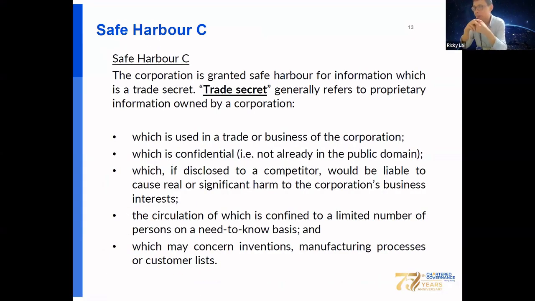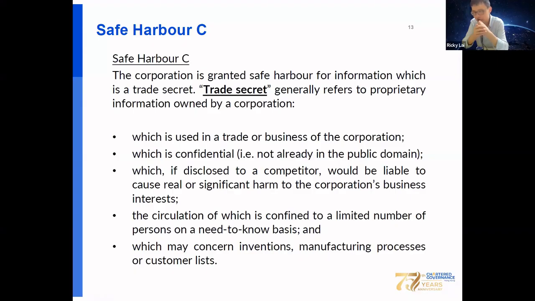And safe harbor C refers to where the inside information itself is a trade secret. A trade secret is the company's IP assets, which are used in trade or business, and the nature is confidential. This means that the trade secret is not already in the public domain. If the trade secret were disclosed to a competitor, this could be liable to cause real or significant harm to the company's business interests.